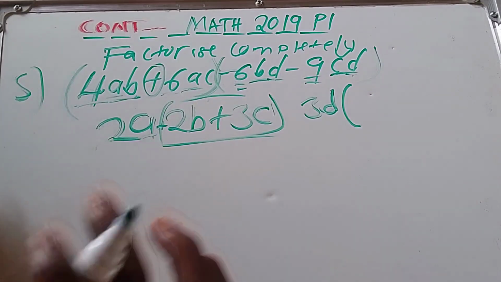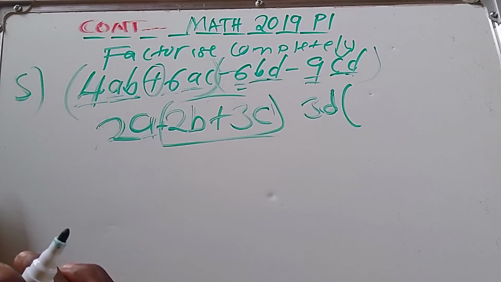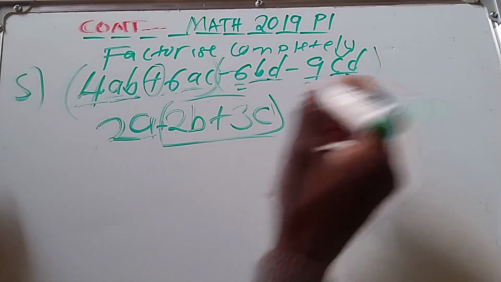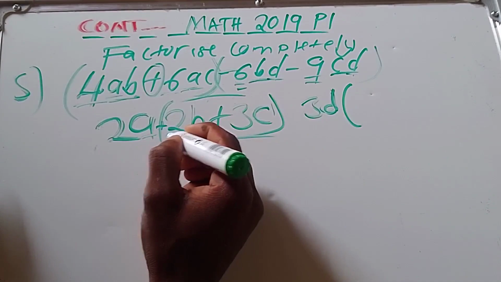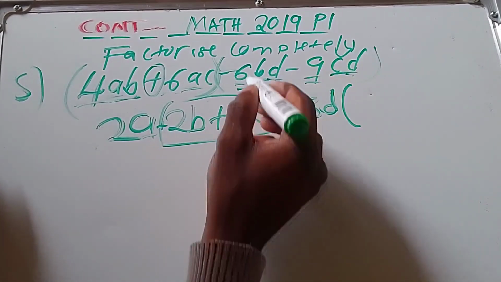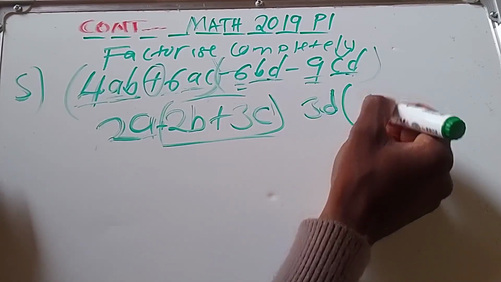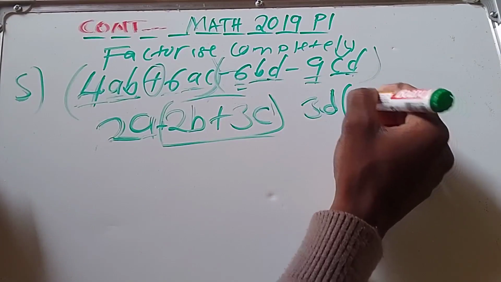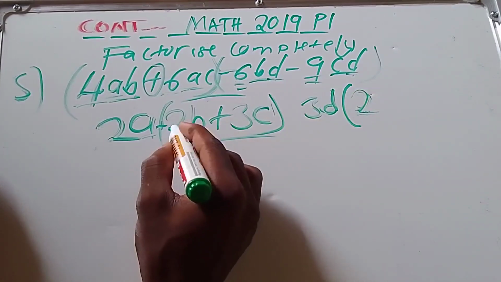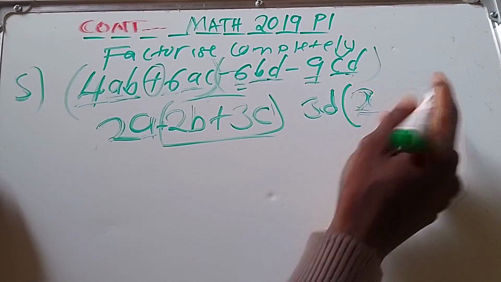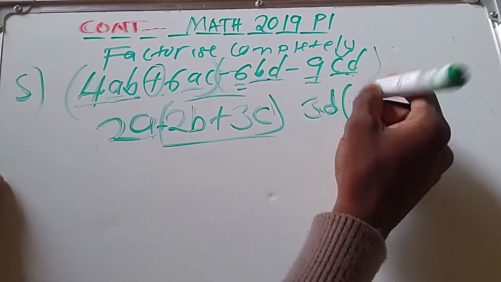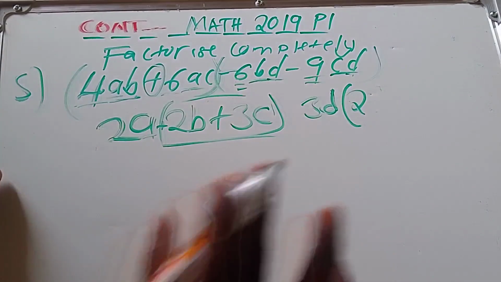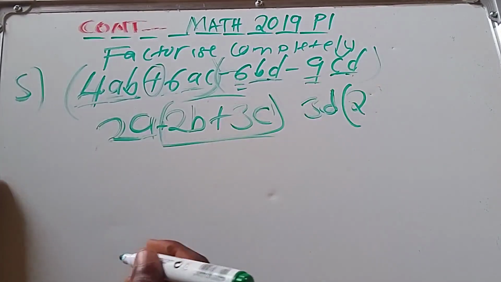So now, since here we are having a positive sign, even here we are going to have a positive sign. 6 divided by 3, the answer is what? The answer is 2. We do not temper. Immediately you see that here we are having a positive, even here you need to have a positive sign.